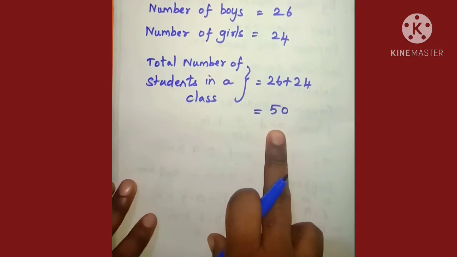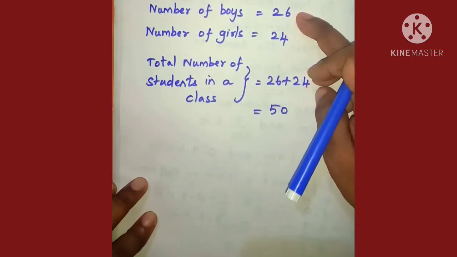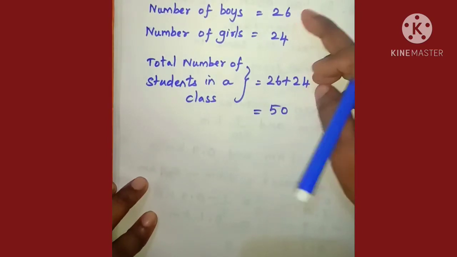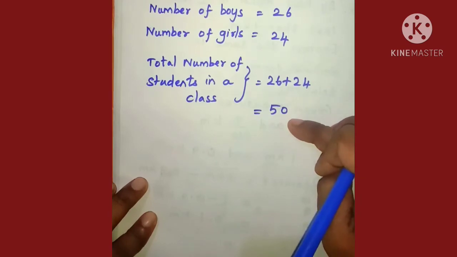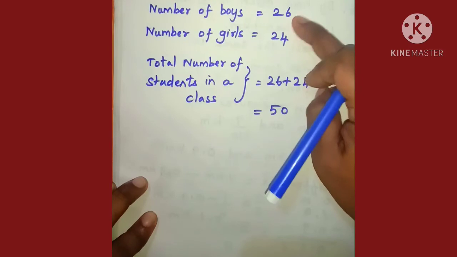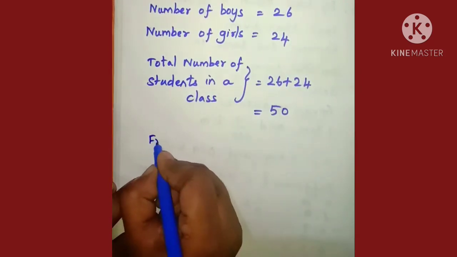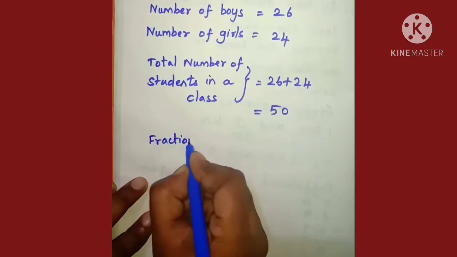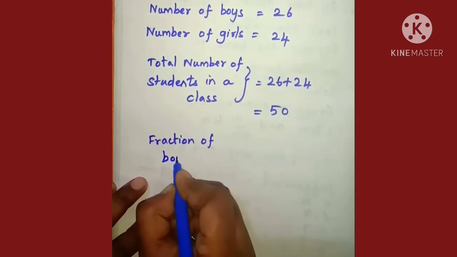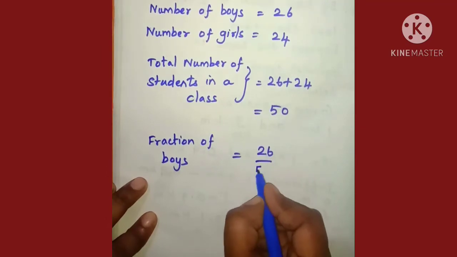Now, we have to find the fraction of boys. What is the fraction of boys in a class? Out of 50, 26 boys are there. So, the fraction of boys will be 26 by 50.